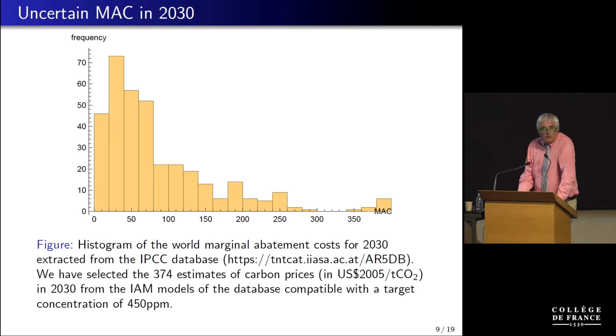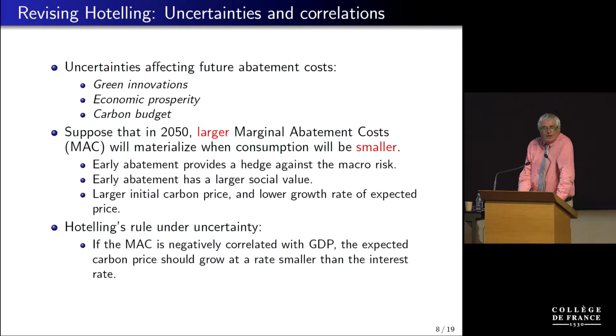So there is a lot of uncertainty, and of course, when you talk to engineers, any experts recognize that there is such a large uncertainty about the cost of decarbonizing different sectors, not only electricity, but mobility and residential. There is huge uncertainty. What will be the marginal abatement cost associated to capture and sequestration?